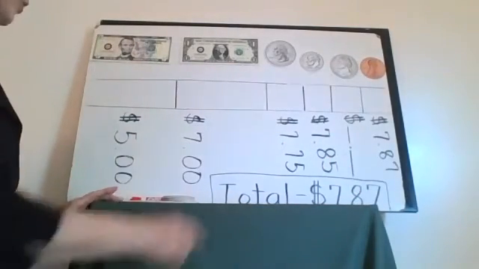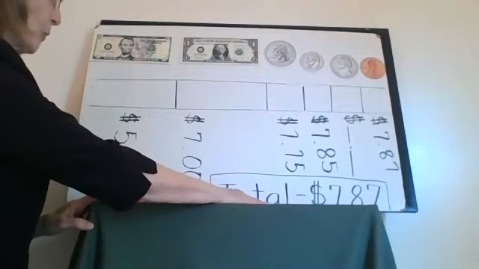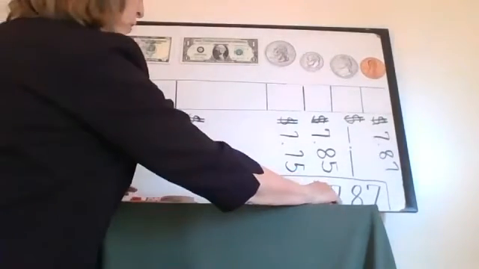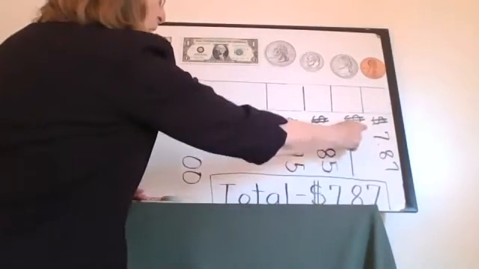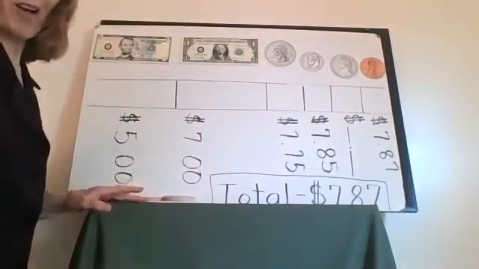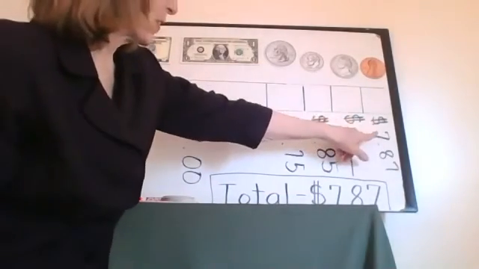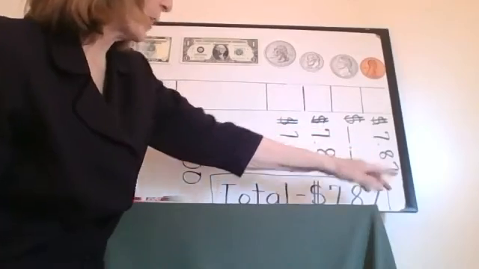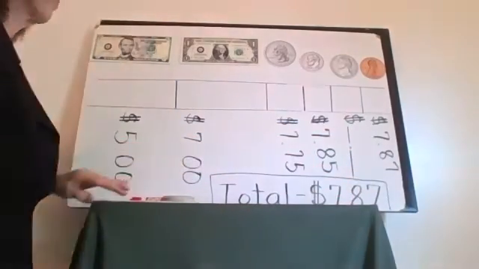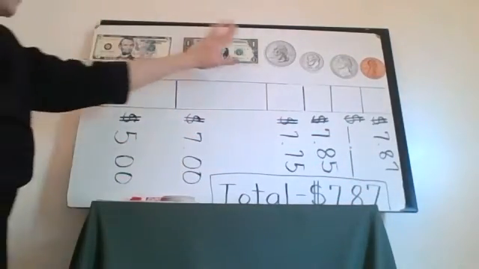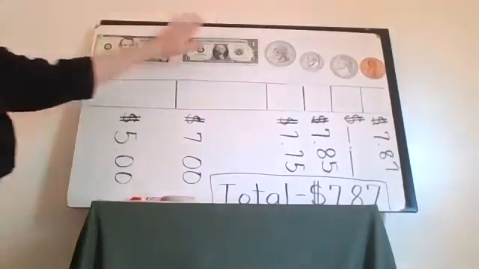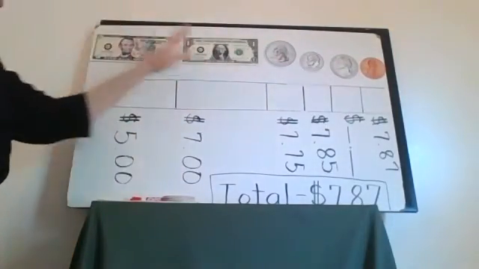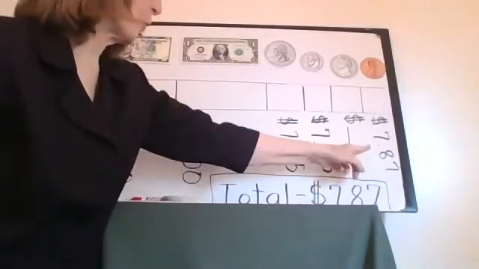All right. So we are looking for a total amount of $7.87. I also have it written over there on the side. Do you see it? $7.87. We have to find out how much money we need up here to equal this amount.